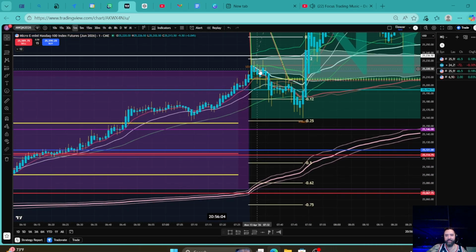When the market's coming down here, guys, what do you notice about VWAP here? VWAP is not going down. VWAP is going up. Notice how VWAP here was steadily climbing along with price, and then price decides to give us this move here.